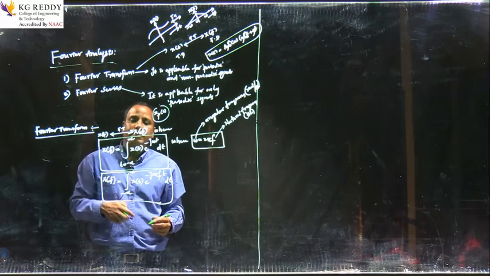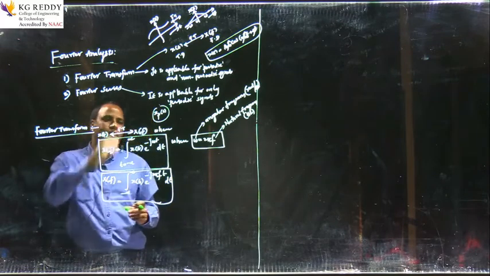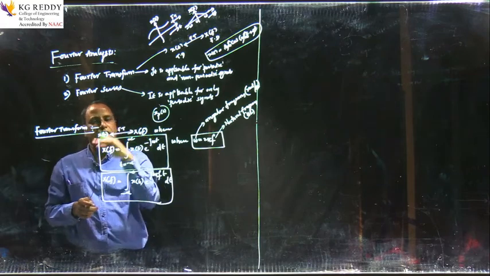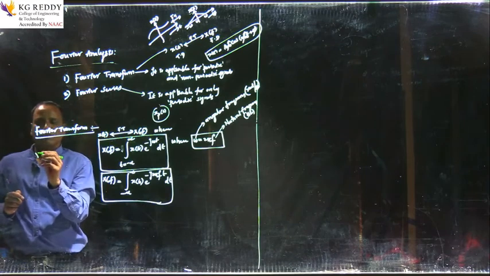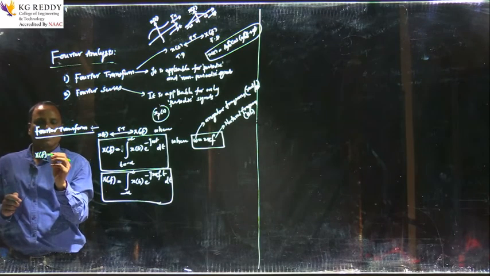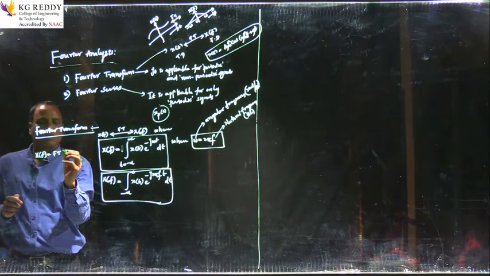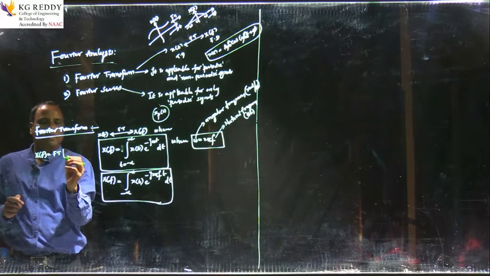Similarly, if I have a frequency domain signal, we can get back the time domain signal with the help of the inverse Fourier transform. So x of f is nothing but the Fourier transform of x of t.